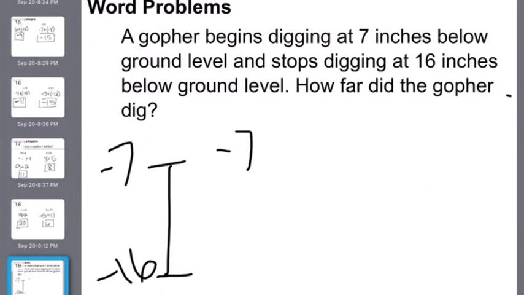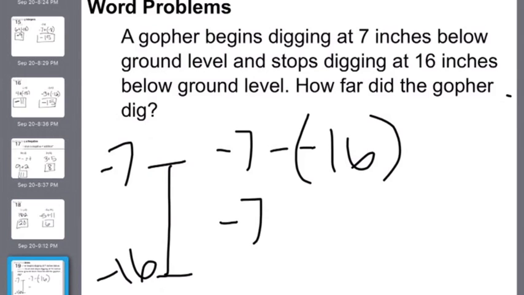So we're taking negative 7, finding the difference between that and negative 16. When you minus a negative, that's addition. So negative 7 plus 16. The absolute value of 16 is bigger than the absolute value of negative 7. So our answer is going to be positive. 16 minus 7 is 9.